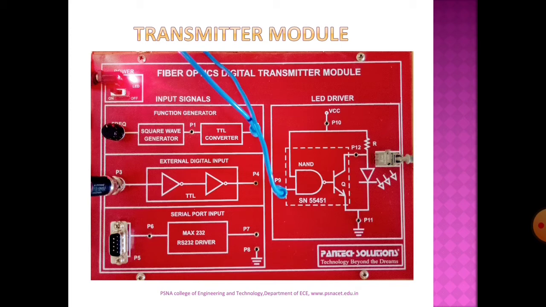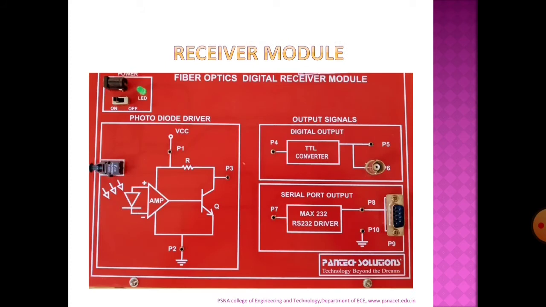So we have to give the input over P3, that is an external or internal function generator. The connection from the TTL has to be given to the LED driver to drive the LED signal. The signal has to be given to the optical connector, and from the optical connector the optical fiber has to be inserted.